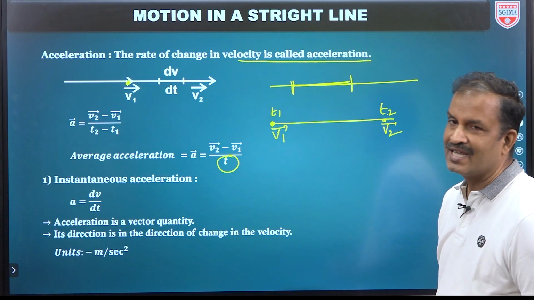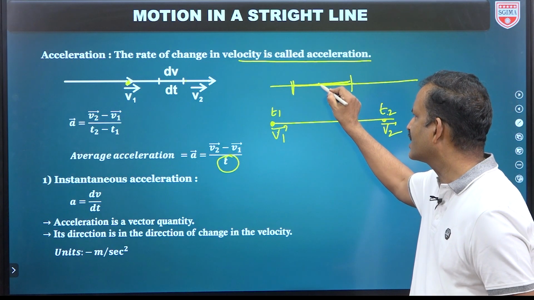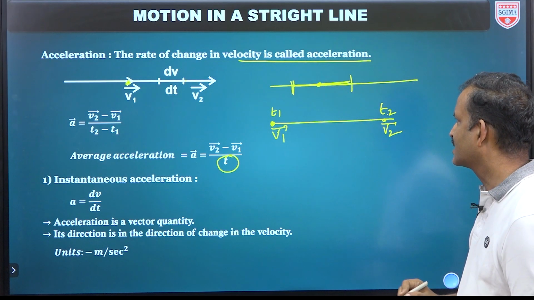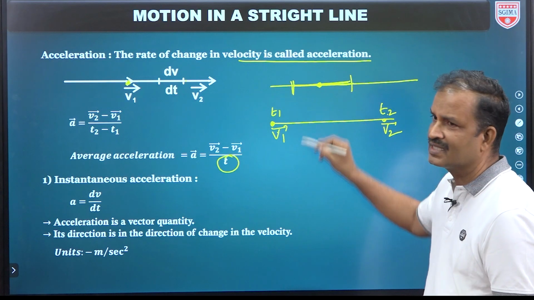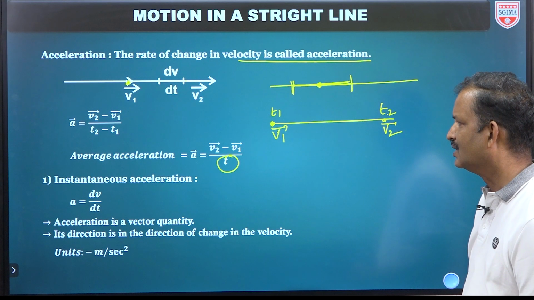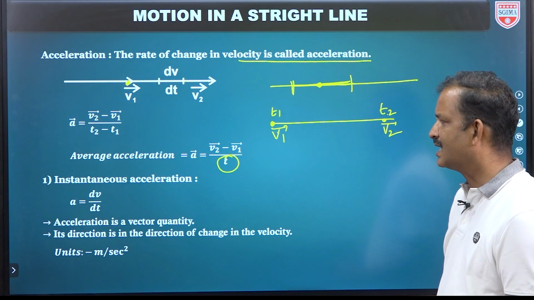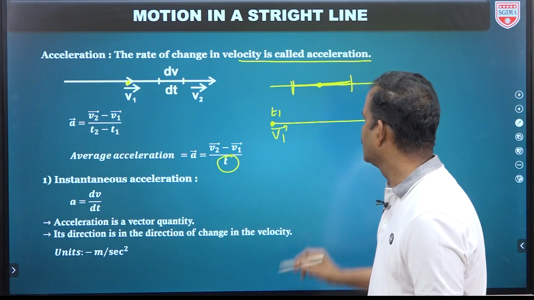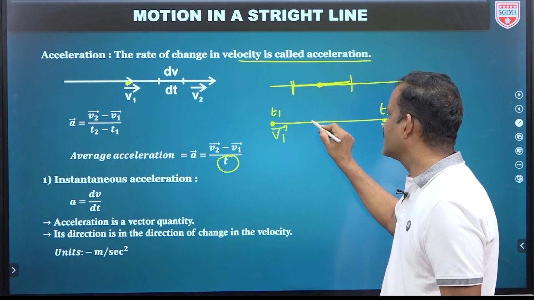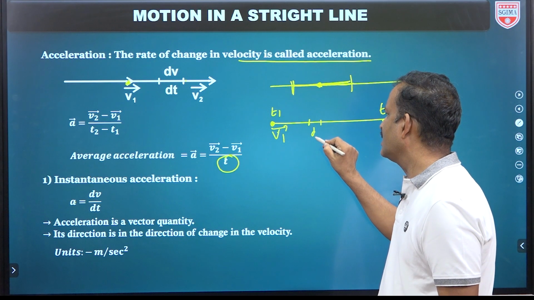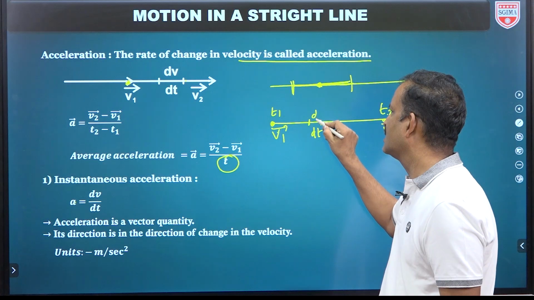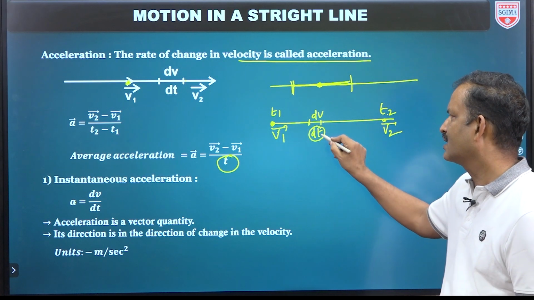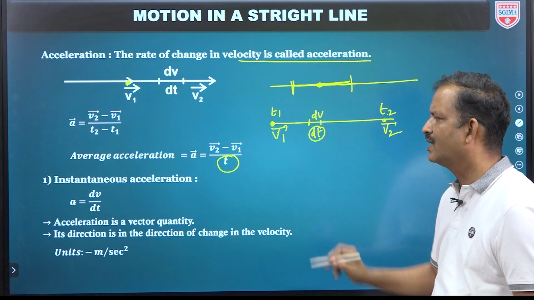But instantaneous acceleration is the acceleration at a particular instant, at that particular time. Suppose for a very small time interval dt, its speed changes by dv.